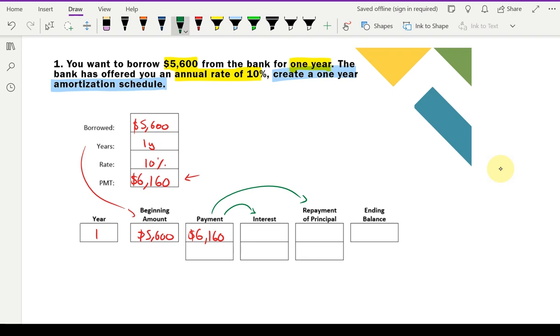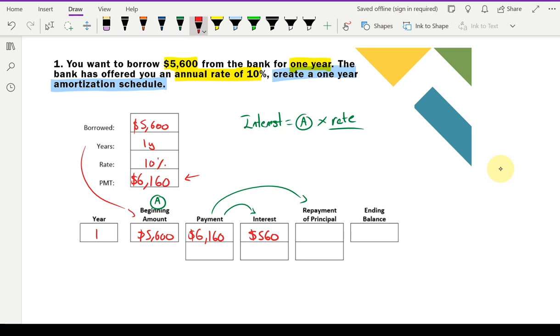So for the interest, how do we get the interest? We take our beginning amount, I'm going to label this A, and we multiply it by our borrowing rate, okay? So in this case, it's the $5,600 times 10%. I'm not going to use my calculator for that. I know that that is $560.